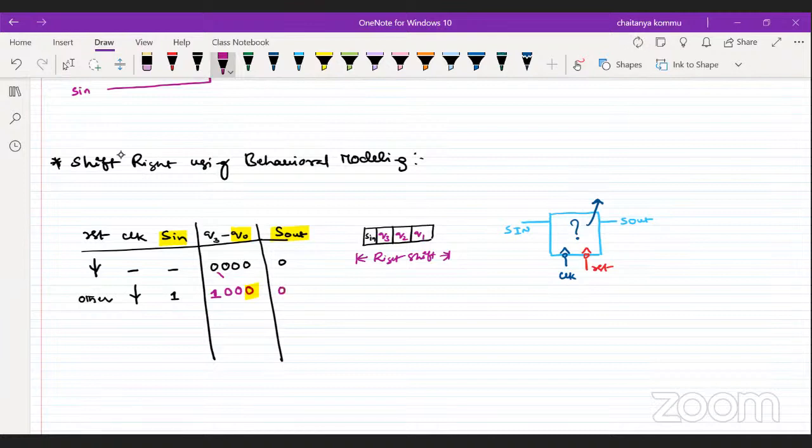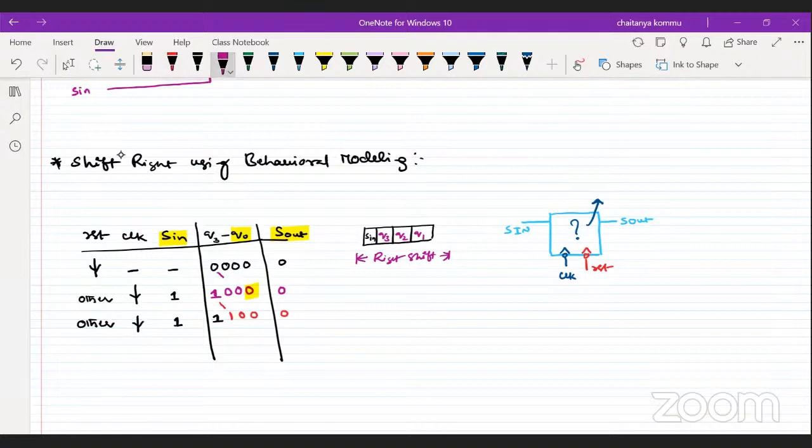Q0 is actually assigned to S out, right? Now again, for other cases, apply the negative edge trigger. The same will apply here. Then what will happen? This one is occupying this position, and this one is from here, and that is the way it is moving to the next stage.